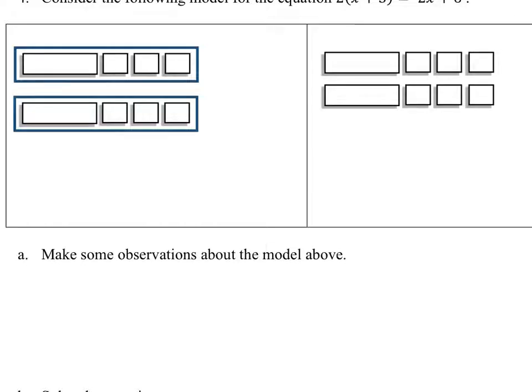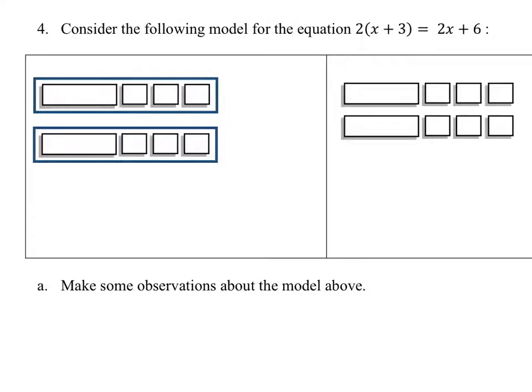On this one, let's start first with that equation. Right here, we got x and 3 ones, but up in here it says we got two groups of that. So we have 2 groups of x and 3 ones. That's multiplication, that's what distribution is.